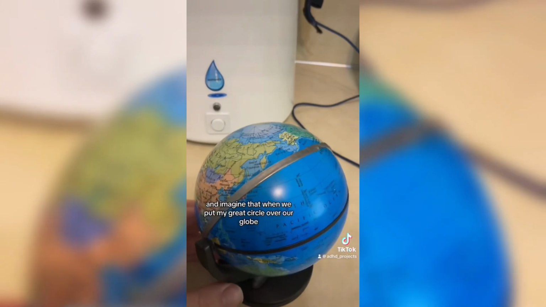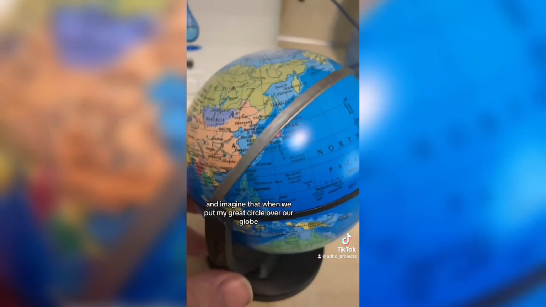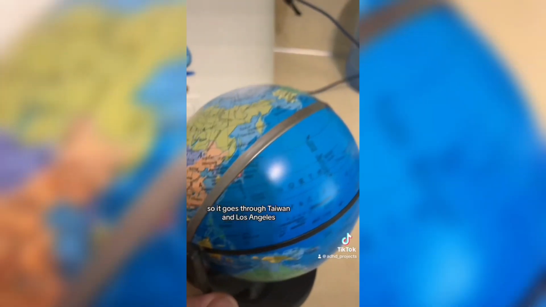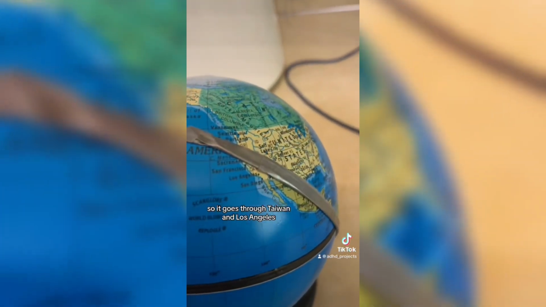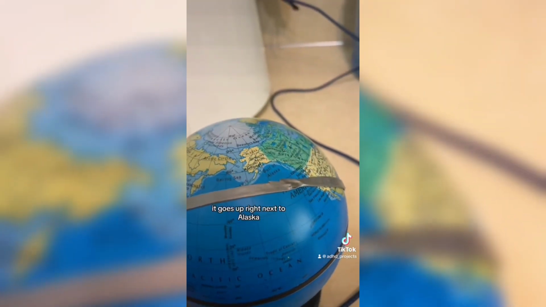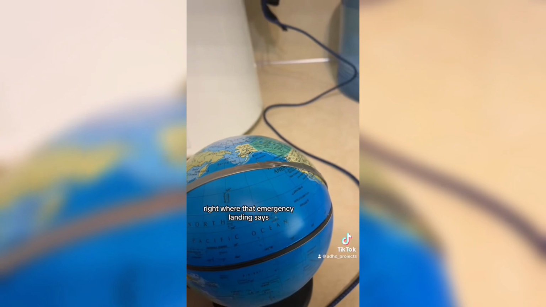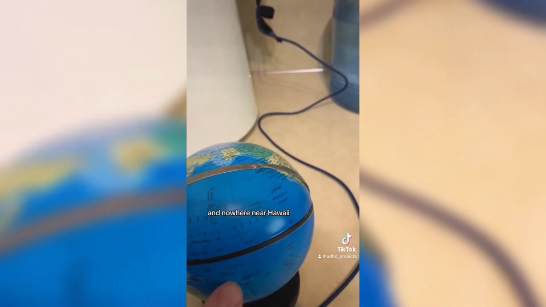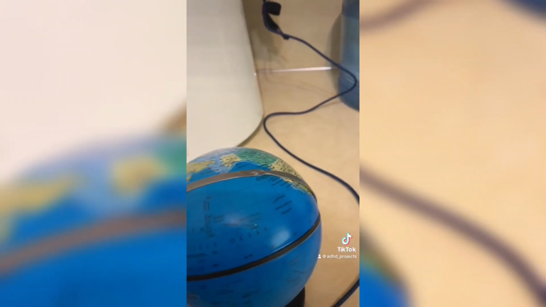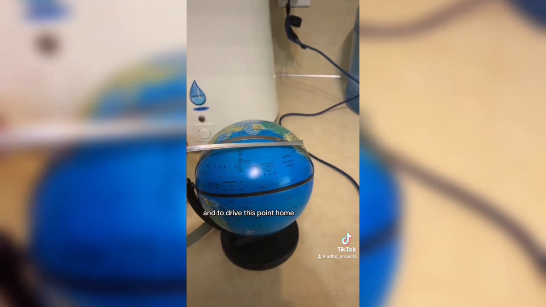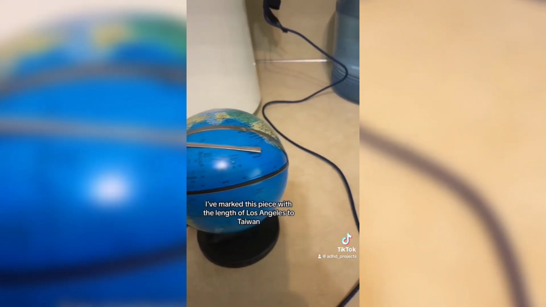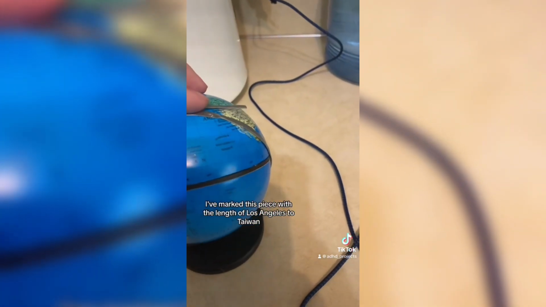And imagine that when we put my great circle over our globe, it goes through Taiwan and Los Angeles. It goes up right next to Alaska, right where that emergency landing says, and nowhere near Hawaii. And to drive this point home, I've marked this piece with the length of Los Angeles to Taiwan.